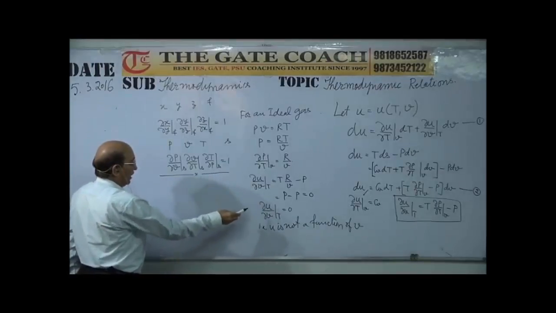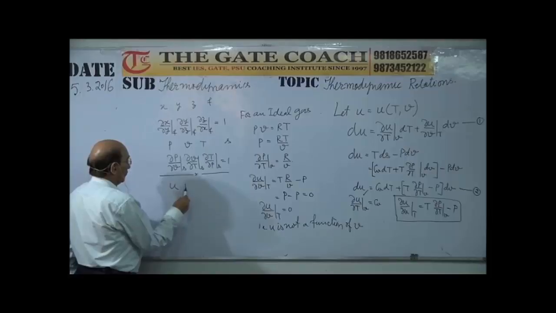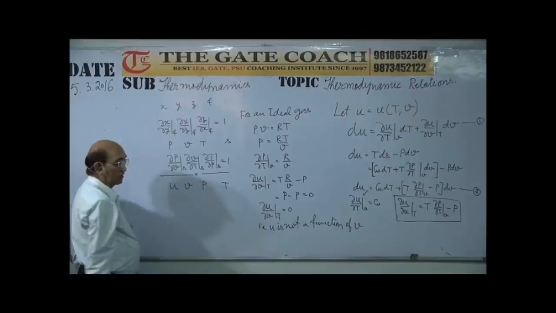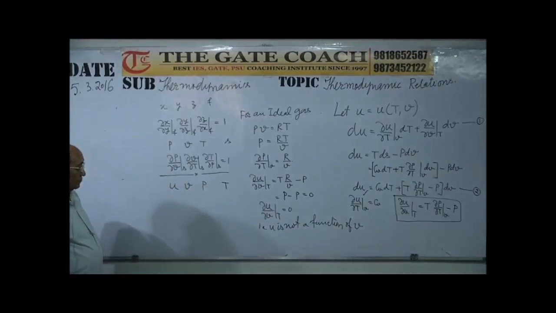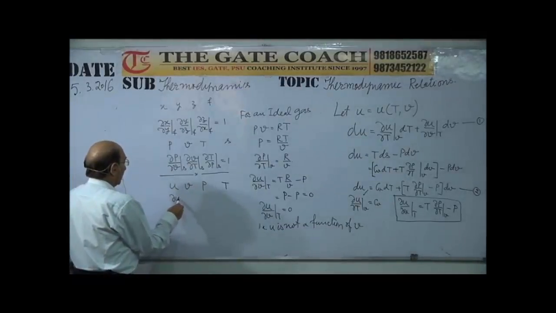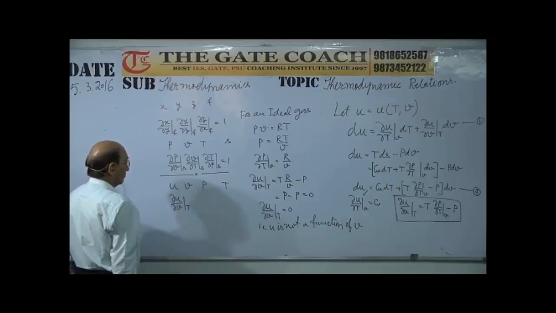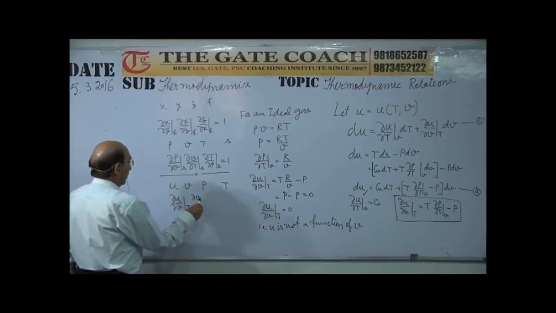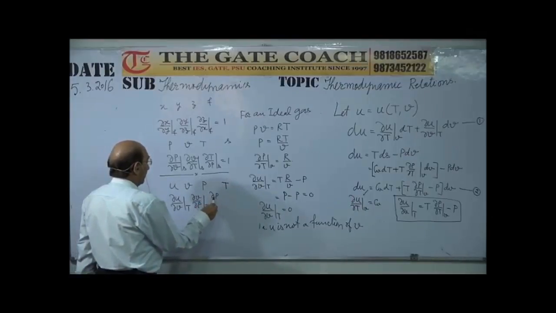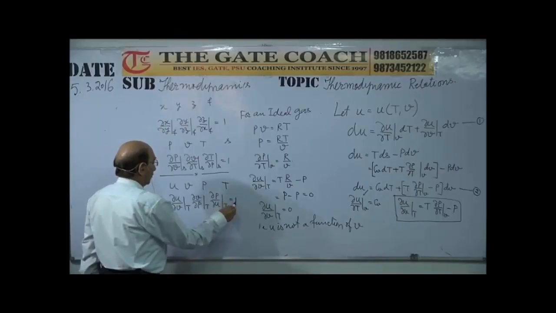Now, I am having U, V, P and T constant. I can write del U by del V keeping T constant into del V by del P keeping T constant into del P by del U keeping T constant, this is equal to 1.